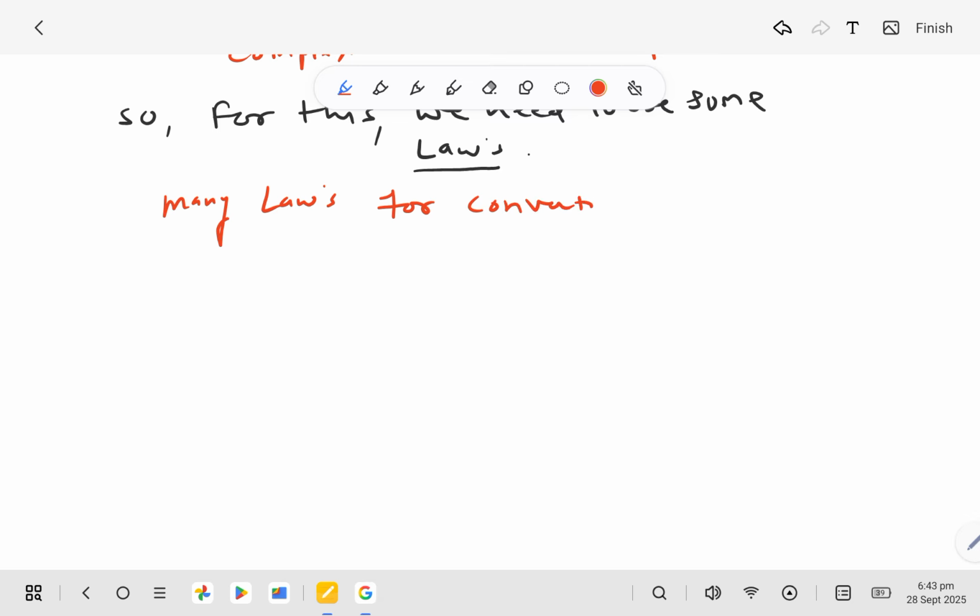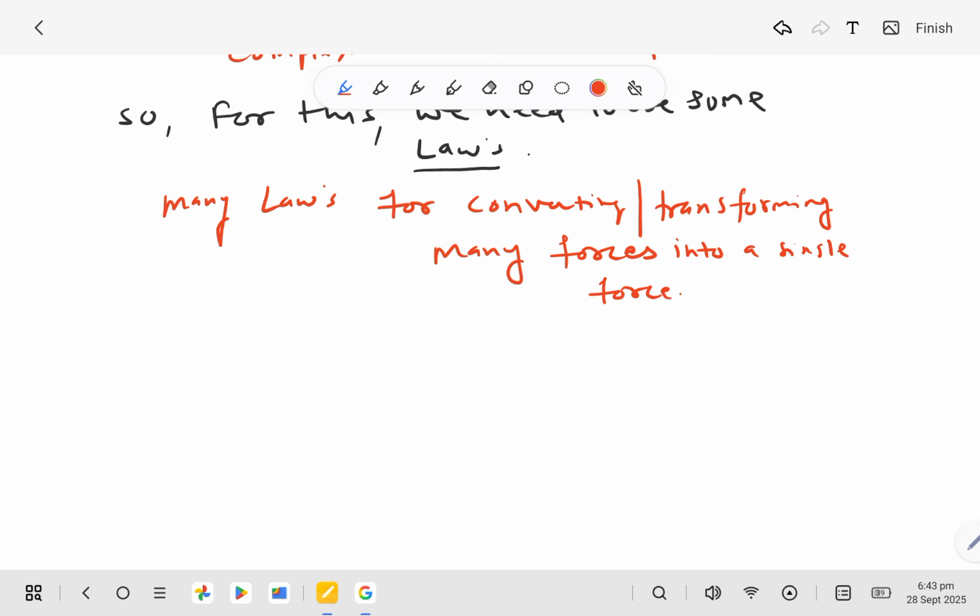For converting, or we can say transforming, many forces into a single force, or in another way we can say we can get the forces to a resultant force.